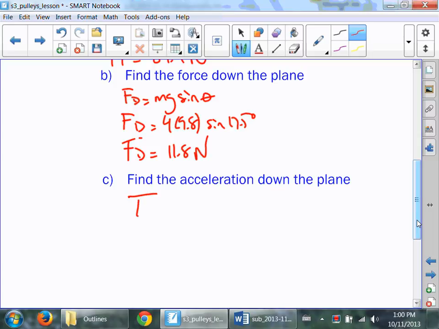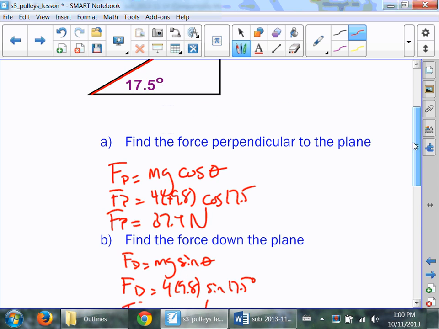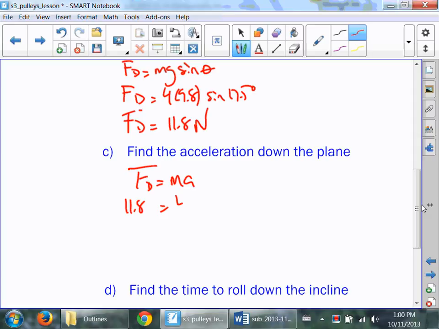Well, we know that FD, that's our net force as the object's moving down the plane. That's going to equal the mass times acceleration. We know that's 11.8 newtons. We know the mass of the object is 4 kilograms. So solve for the acceleration. It's 11.8 over 4. And that's going to be 2.95 meters per second squared. Okay?